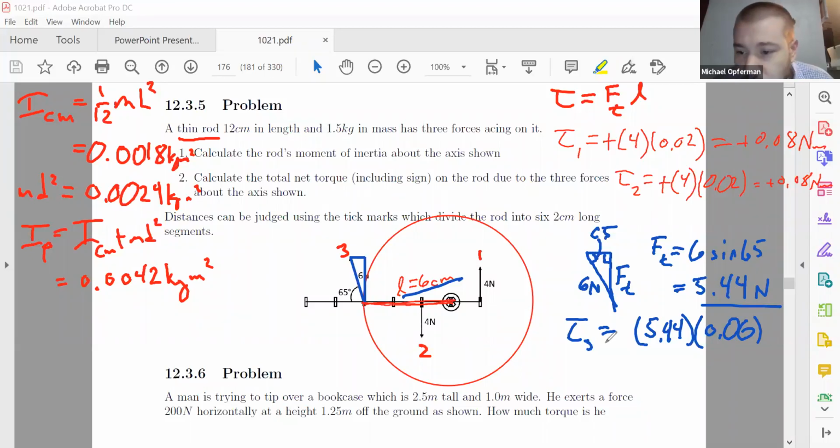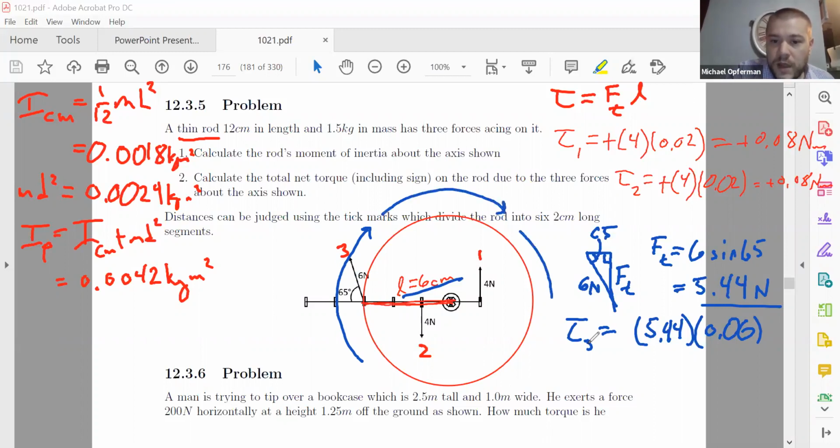And I need to check if this one's positive or negative. So let me look back at the force again. Ask yourself, if this was the only force acting on the object, which way would it rotate? And the answer is it would rotate that way because it's pulling up on the left side. And that is a clockwise rotation because it's rotating around this way now, which is the opposite of what it was doing before.